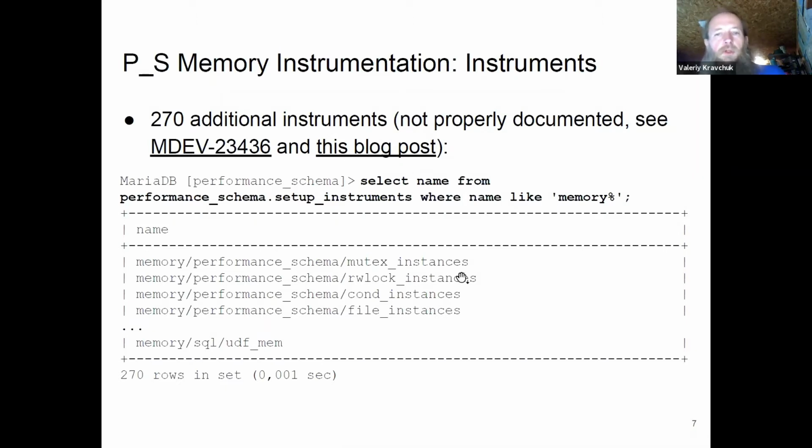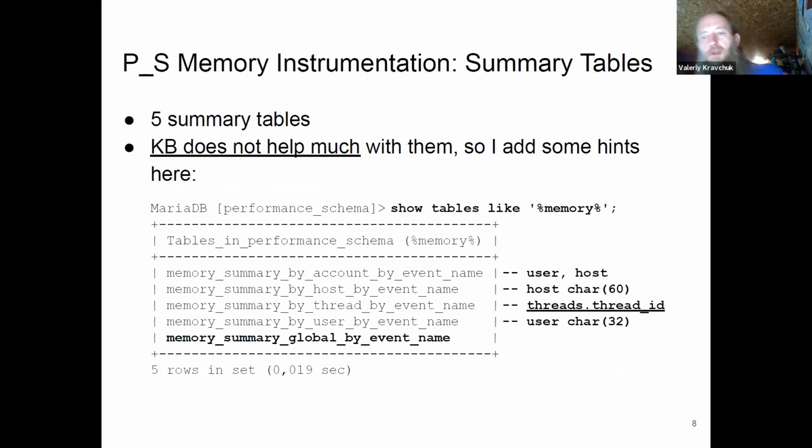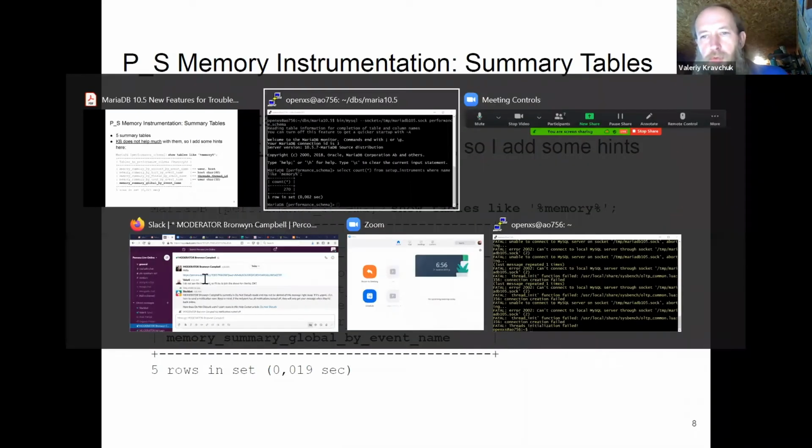Memory instrumentation: the instrument names start from memory. And we can see a lot of memory instrumentation for performance schema itself. This is how we can find out how much memory is used by the performance schema itself, by the way, for various instrumentation, with these additional instruments that we have to enable if we want to use them.